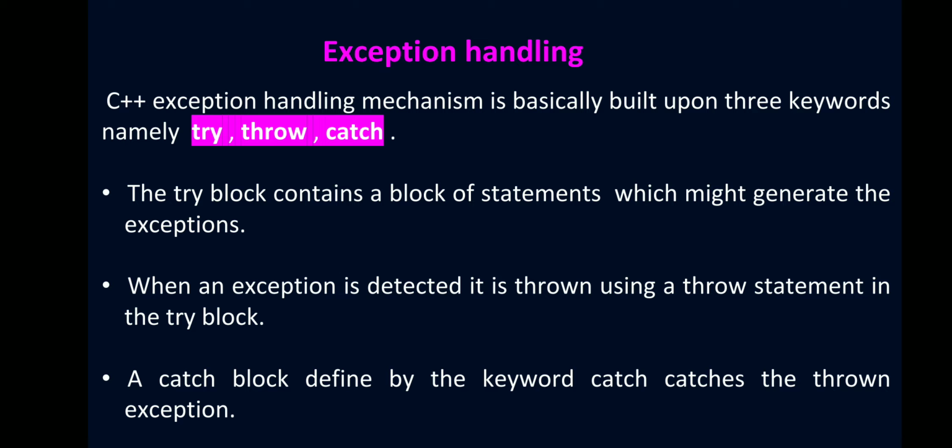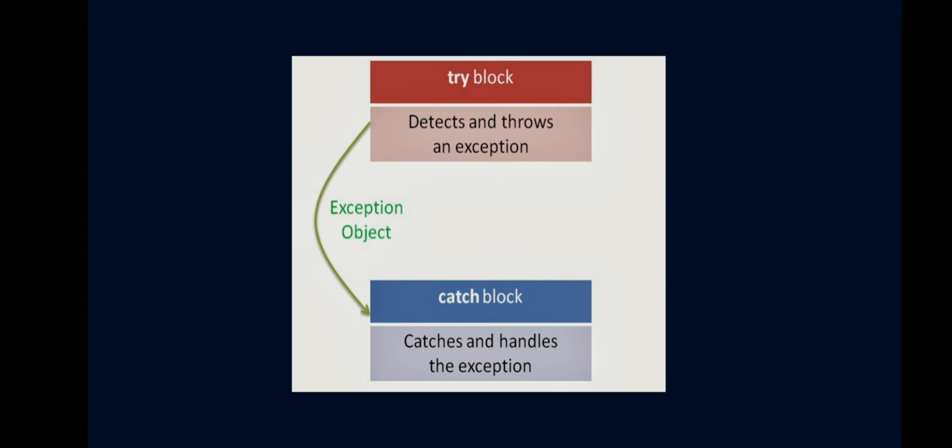Whatever exception object is thrown by the throw keyword is caught by the catch block. Now, the catch block catches the exception and handles the exception. This you can see in this figure. So, the work of the try block is to find the exception and throw the exception. The thrown exception object is caught by the catch block. The catch block catches the exception and handles the exception.